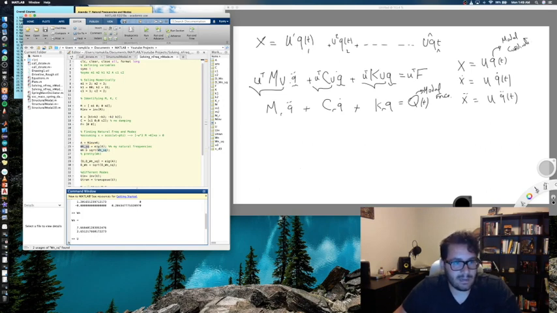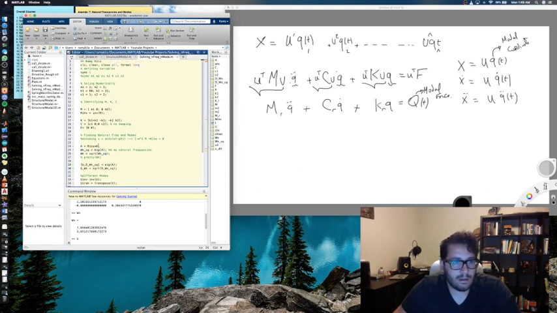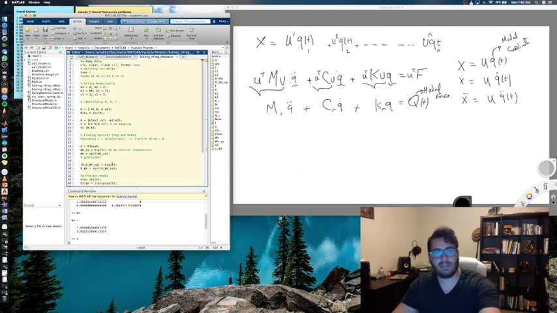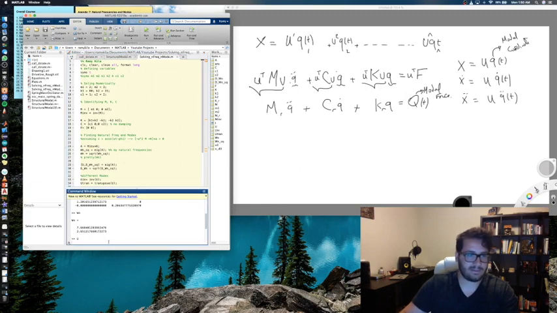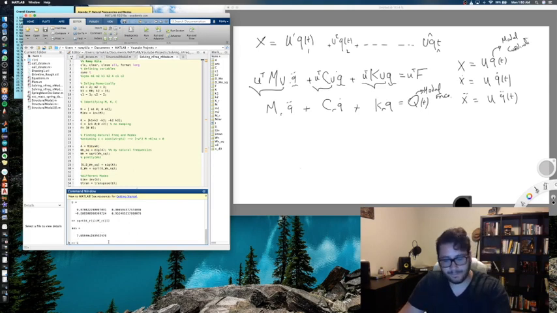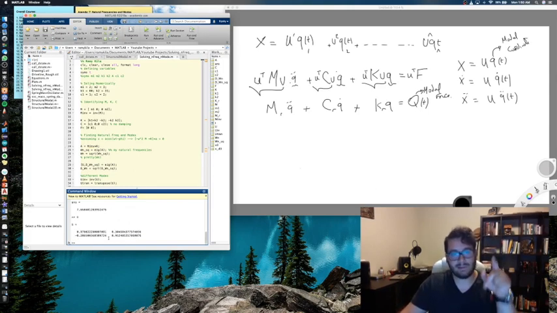And when I take the eigenvectors of the A matrix, so if I have two natural frequencies, how big is the matrix that I should be getting for the eigenvectors? I call the matrix U. I should be getting 2 by 2.